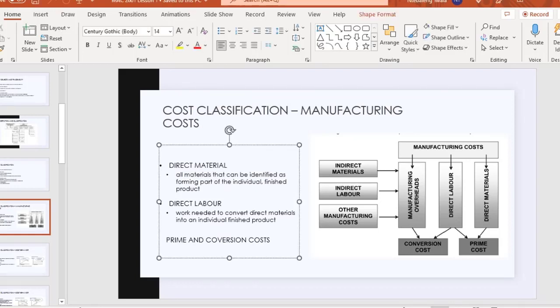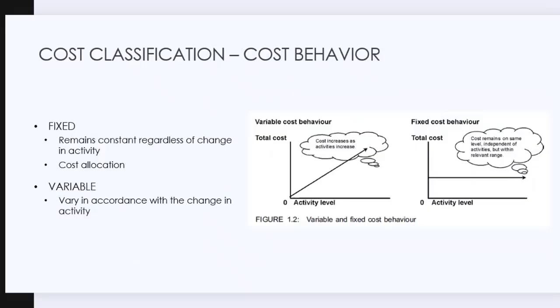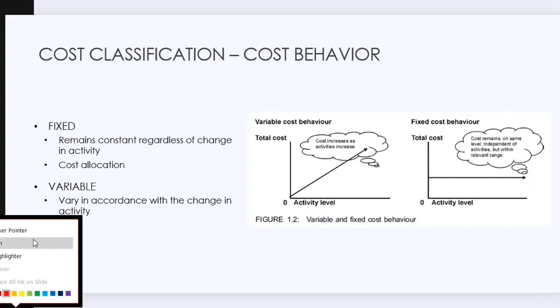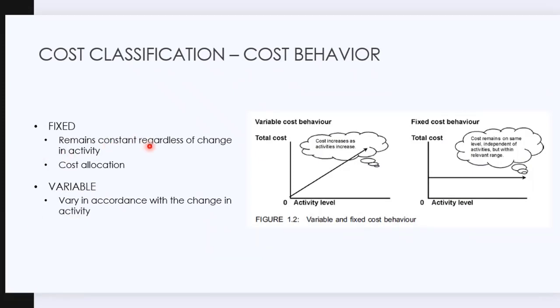Okay, thanks for the participation. So fixed costs remain constant regardless of changing activity. We made an example: regardless of how many tables you sold or produced, fixed cost stays the same.